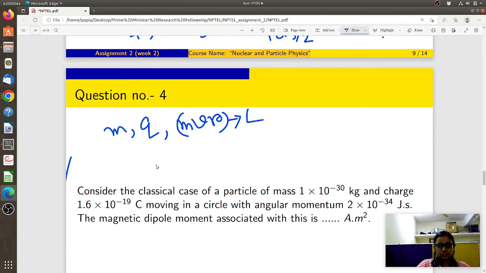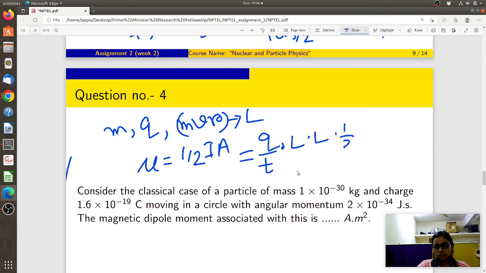And what will be the expression for magnetic dipole moment? The magnetic dipole moment can be written as mu, which is I times A, as I already know. I can be written as Q by T, and the area is L times L times half, so that means Q L by T times L times half.